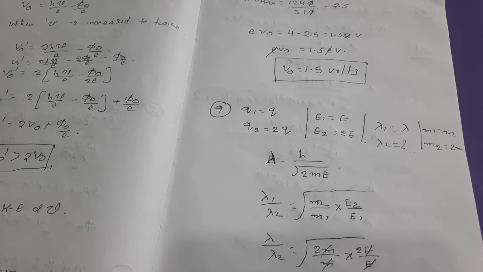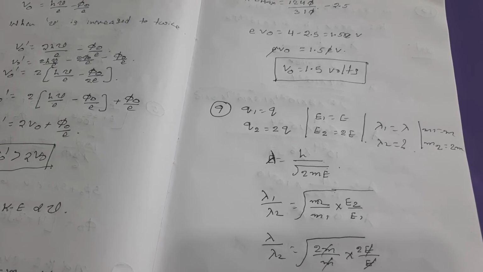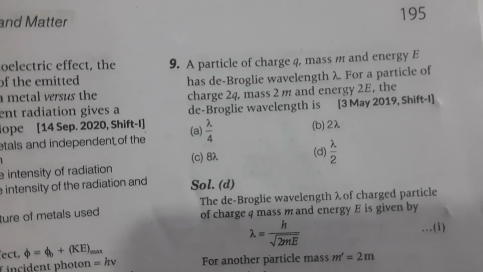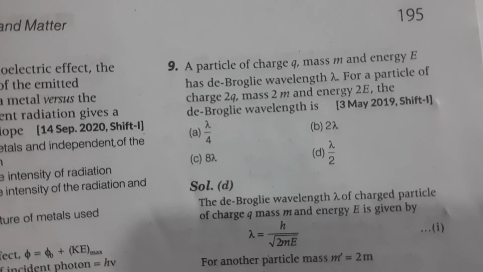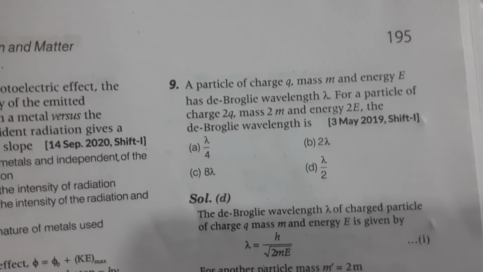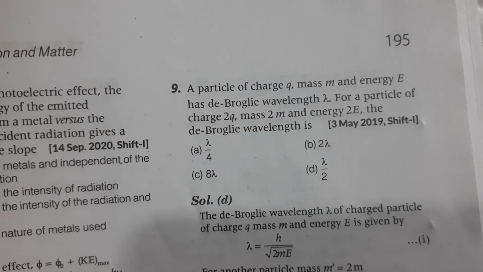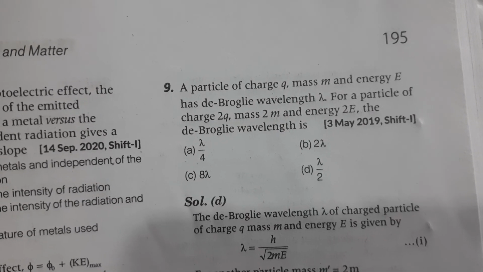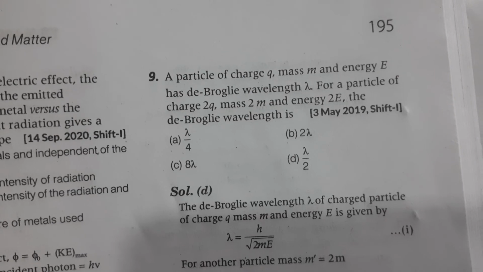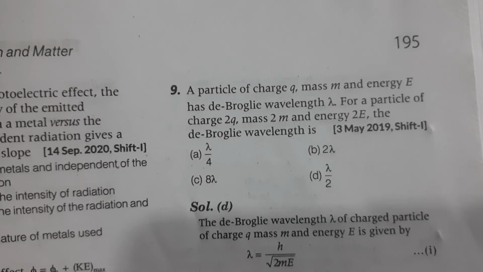Then come to the ninth question. This question is also very easy. A particle of charge q, mass m and energy E has de Broglie wavelength lambda. For a particle, charge is now increased to 2 times, mass is also increased to 2 times, energy is also increased to 2 times.